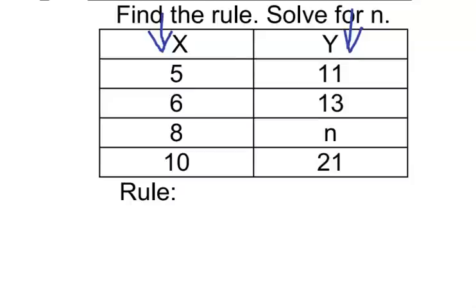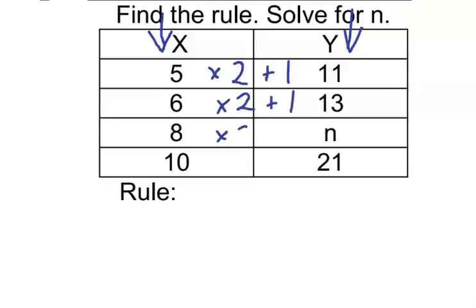So what do you think? Can you guys figure out what is the rule for this? I think I might know this one. So if we take 5 times 2 and then add 1, that gives me 11. And then if we do 6 times 2 and add 1, 6 times 2 is 12, plus 1 more is 13.